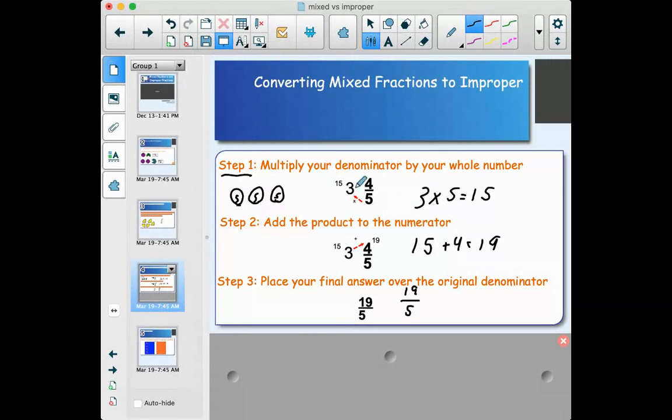That's why we start by multiplying these. That tells us how many pieces we get from the whole pizzas, from the whole numbers. Then we add on the 4 because in addition to these 3 wholes, I have 4/5 of another pizza. So this one is also cut into 5, and I have 4 of those pieces. So we multiply to get how many we get from the wholes, and then we add the fractional part for how many pieces we have total. And then the size of the pizza stays the same, so we get 19/5.